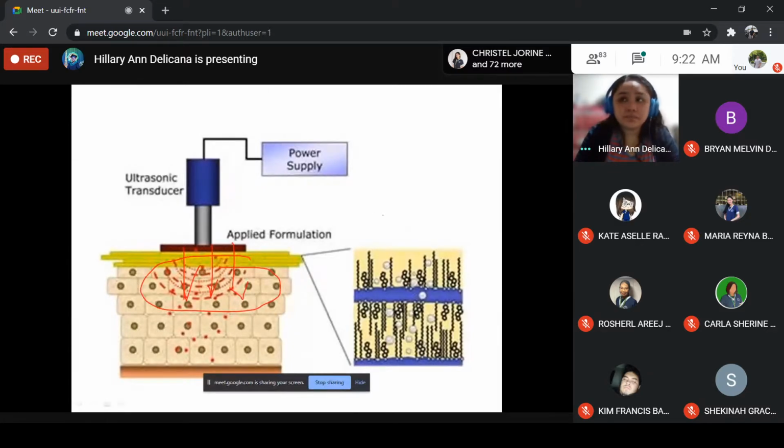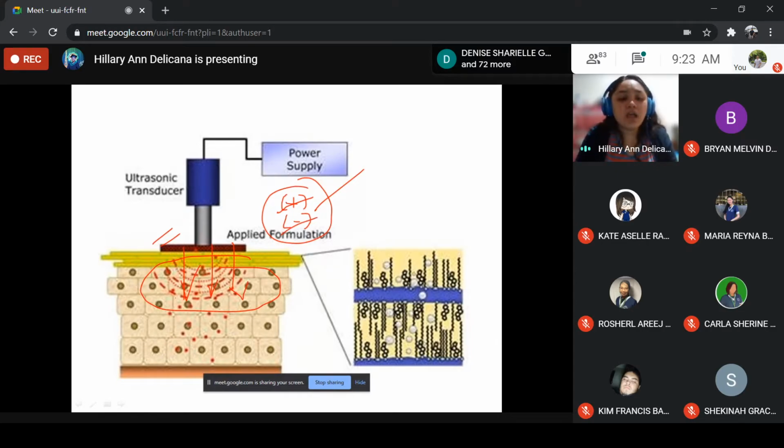There is also a technique in your TENS and in your ES, which depends on the cathode and anode, so whether it is negatively charged or positively charged. That is for electrotherapy. But for phonophoresis, it is direct. You won't need to see if it's positively charged or negatively charged.